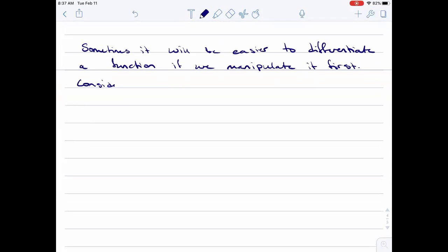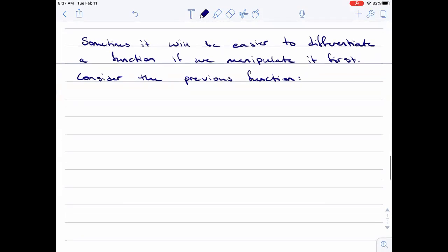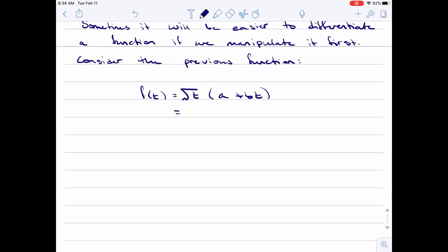So consider the previous function. We had f of t is root t times a plus bt. We can rewrite this as t to the 1/2 times a plus b times t.